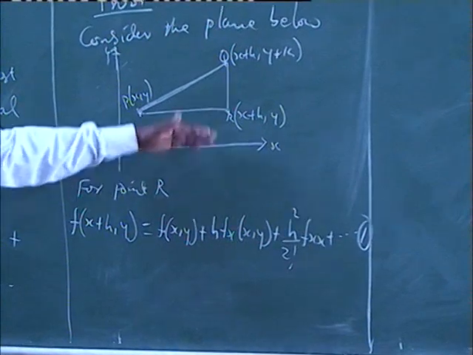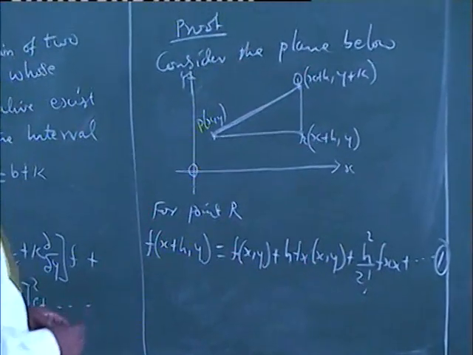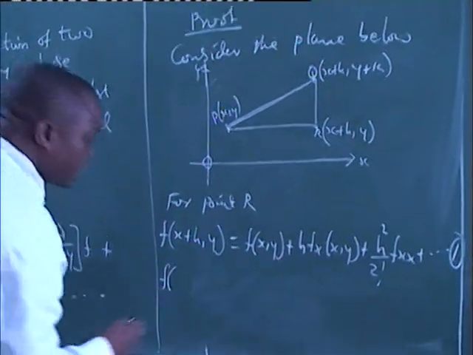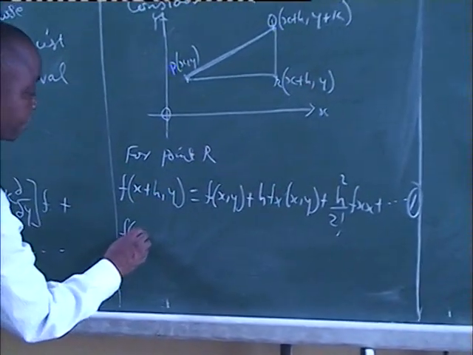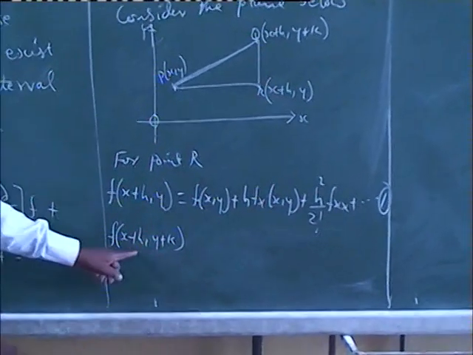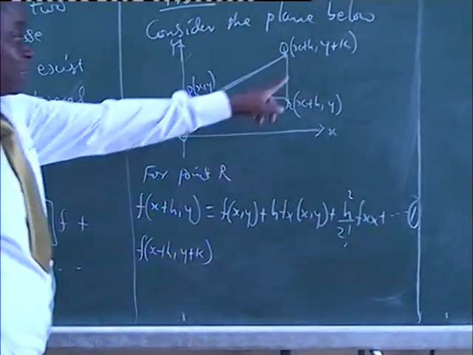Then if we move to point Q, at point Q we have f of x plus h and y plus k. You see that? That is for this point.